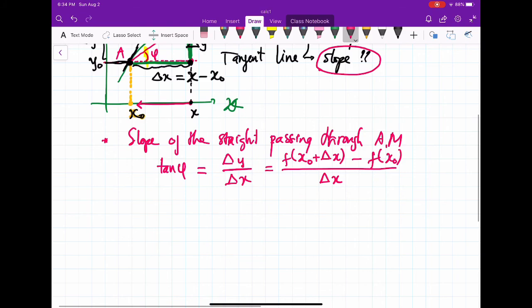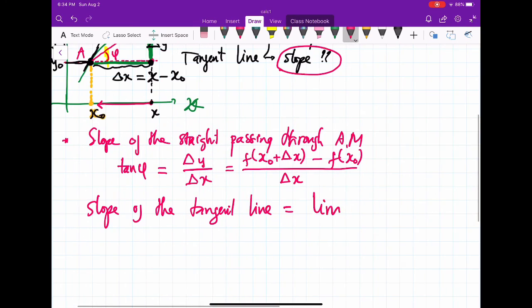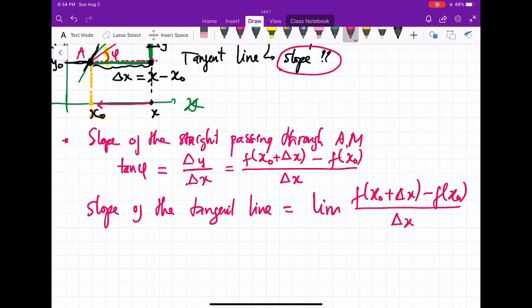So the slope of the tangent line is equal to the limit of f of x0 plus delta x minus f of x0 over delta x, since x approaches x0 means delta x approaches 0.